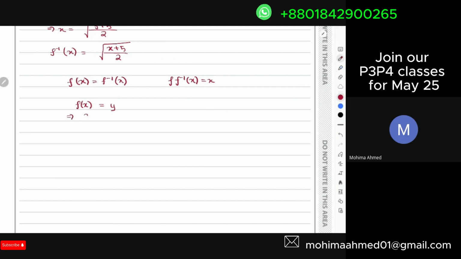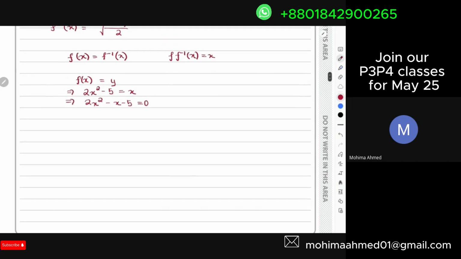So that leaves you with 2x squared minus 5x, and eventually you have 2x squared minus x minus 5 equals 0. And then after this, you just have to middle term this, factorize this. I cannot factorize this, so I have to use the formula method, which gets 1 plus minus root over 1 squared minus 4 times 2 times minus 5, and then everything under the square root divided by 2 times 2, right?